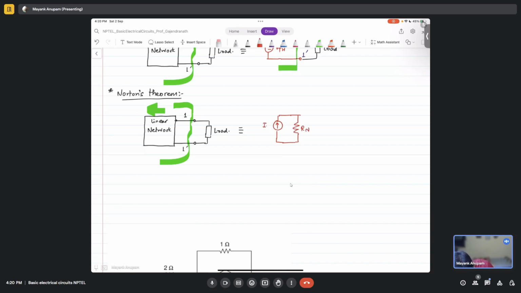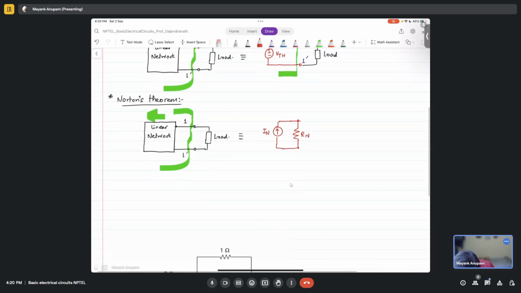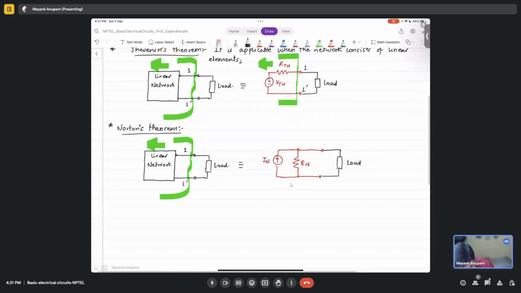So this is IN, this is RN, and then we have again the same load here. Fine. If you understood Thevenin's theorem, you will also understand Norton's theorem. So there is no problem, I guess.